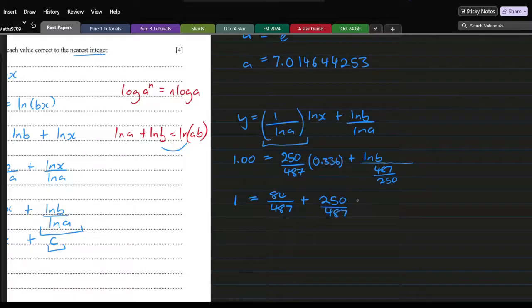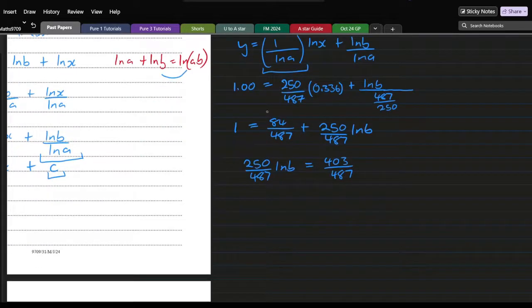Okay, and now we have to solve for b, so that becomes 250 over 487 ln b is equal to 1 minus 84 over 487, which is 403 over 487. Let's make ln b subject of the formula.